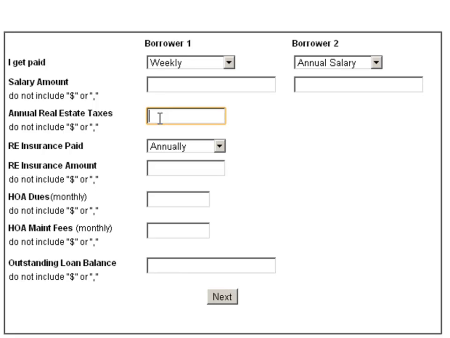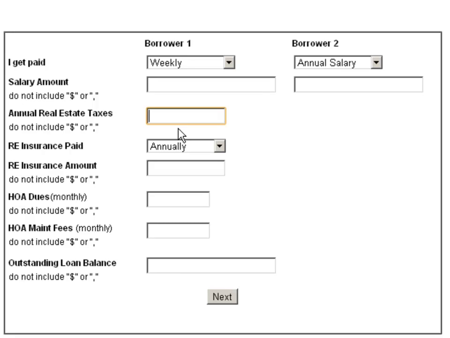Now that 31% payment includes principal, it includes your interest payment, it includes your real estate taxes, it includes your insurance, and any homeowner association dues and homeowner association maintenance fees. So if you don't include this, you're going to actually get an incorrect reading.